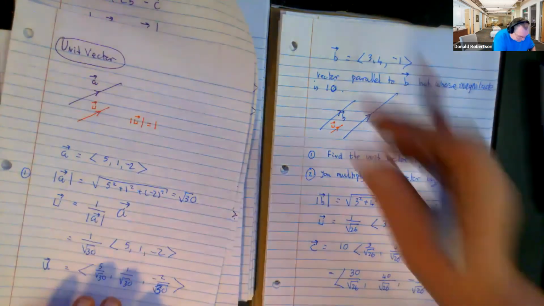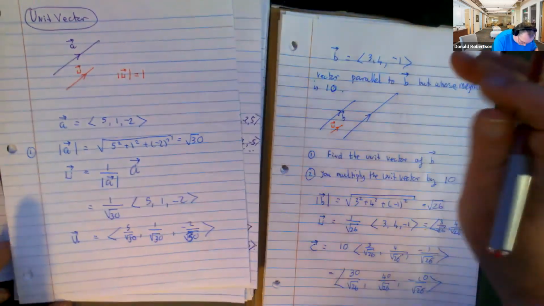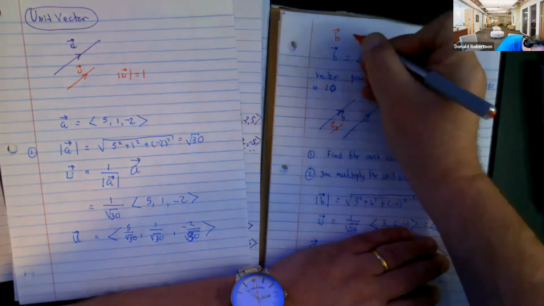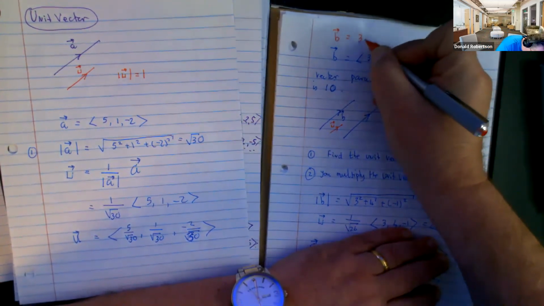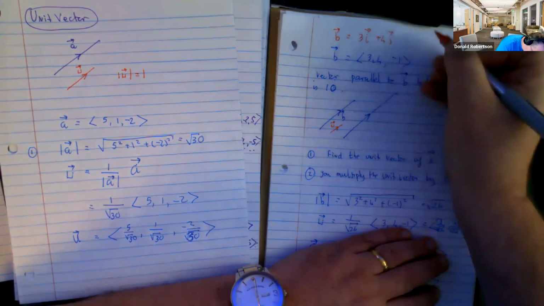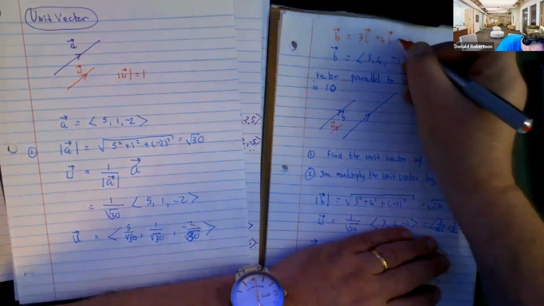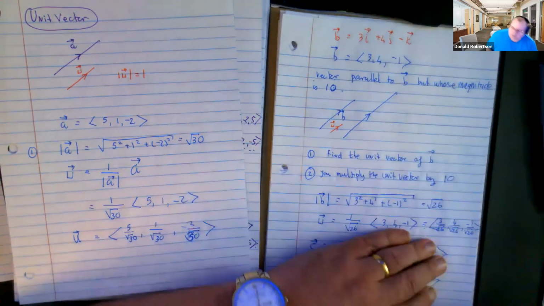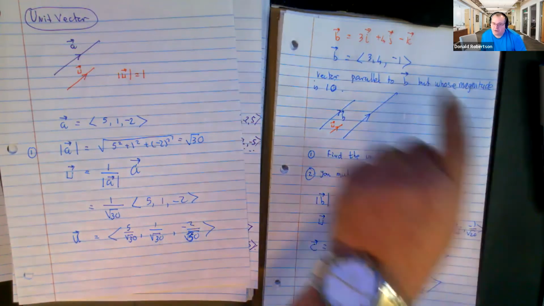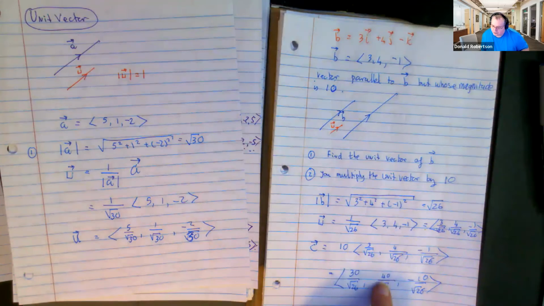Now, sometimes WebAssign will phrase the question like that. Sometimes they will tell you that B is 3i plus 4j minus 1k, and ask you the same question. Now, there are two ways to do that. You can just go through the same process using ijk, which is fine.